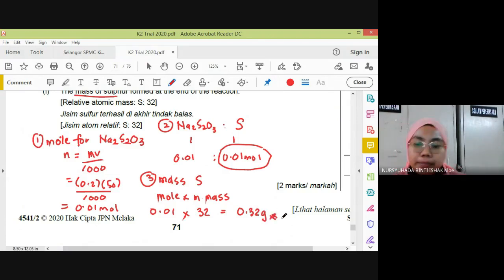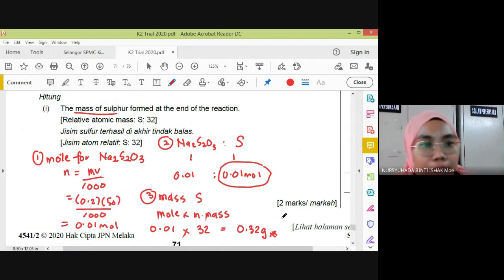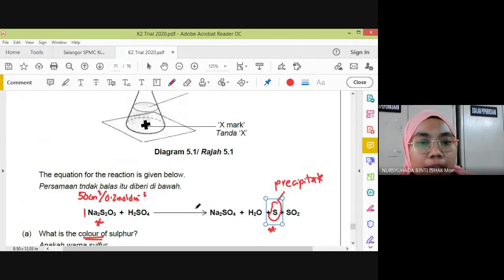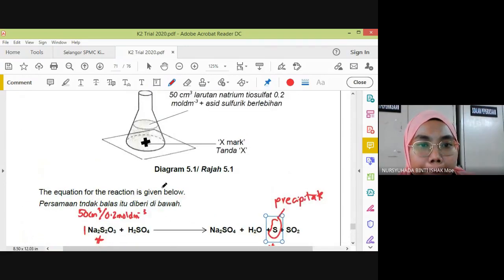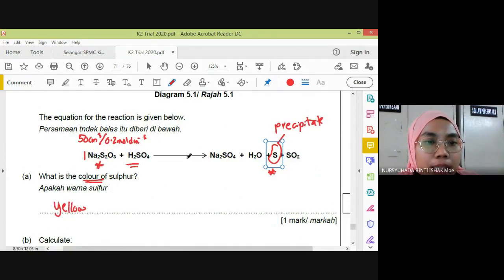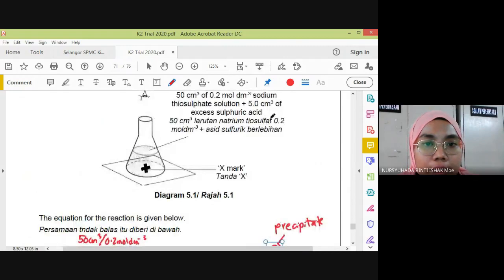3 markah. Okay, cikgu nak tanya, kenapa kita tak nak buat ratio antara H2SO4 dengan sulfur? Ada juga data dekat atas ni. Kita ada juga 5 cm3 dengan excess sulfuric.